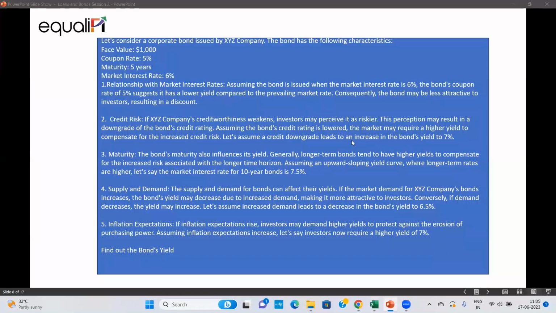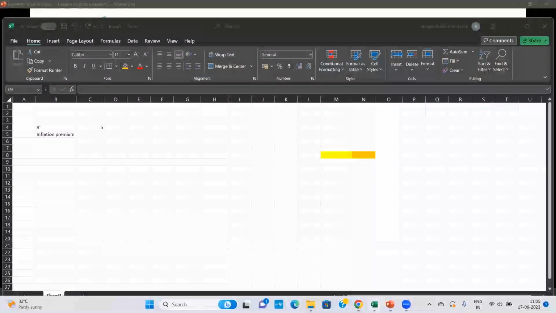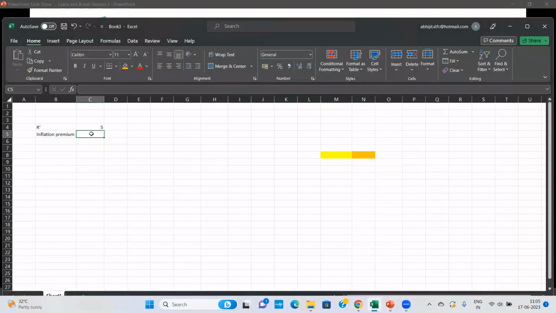Correct, Kamlesh. So it is 1%. So when I talk about inflation premium, it is 7 minus 6, 1%, right?